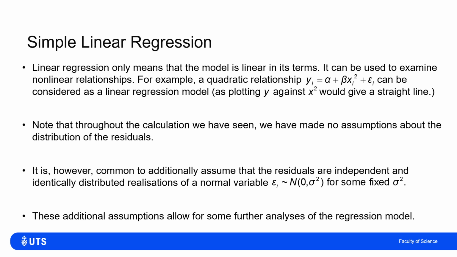Where some of the confusion lies is that some further analyses that are done on a regression model do require some distributional assumptions, but just simple ordinary least squares, there's absolutely no assumption about the distribution of the residuals.